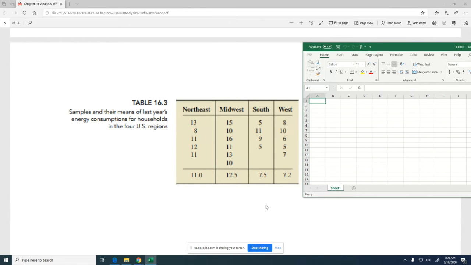Today, I want to introduce how we can get the p-value and the mean squares in Excel, because all the people in UAFS can download and install Microsoft Office 365.